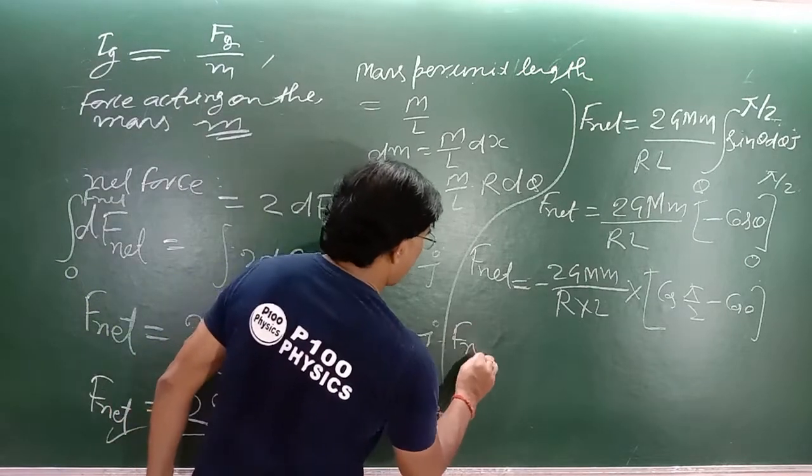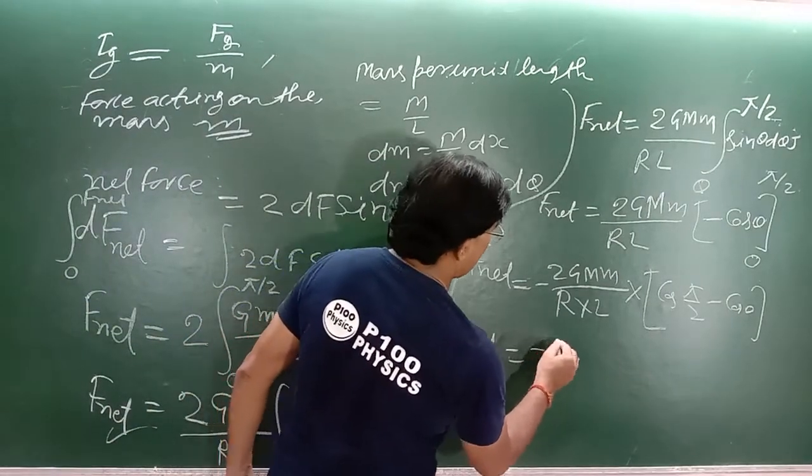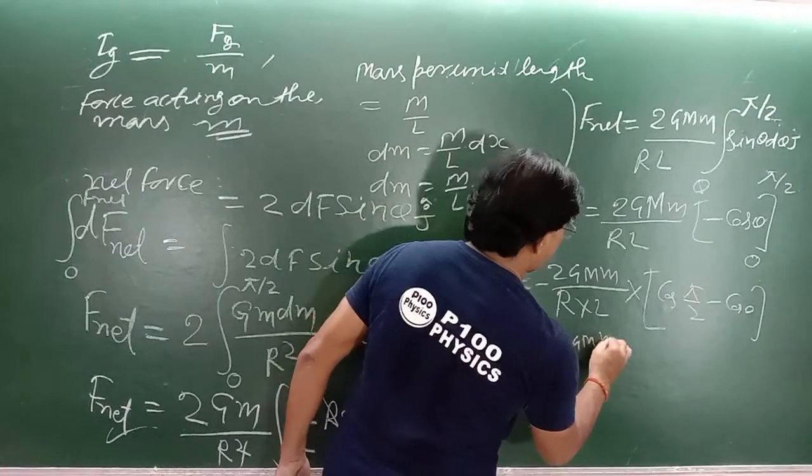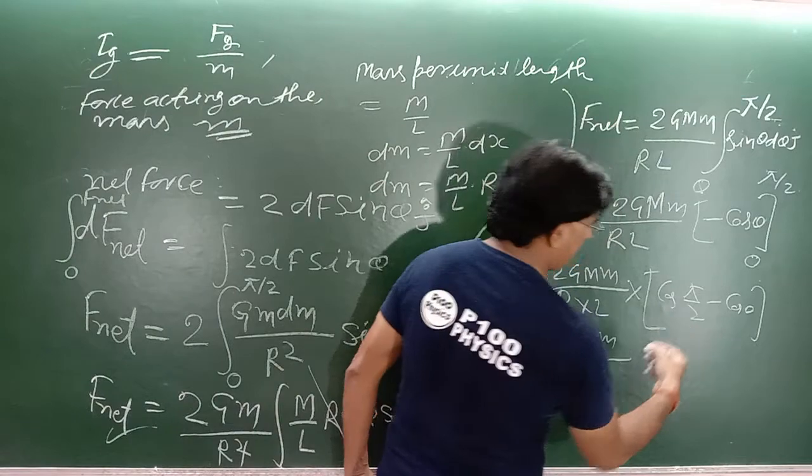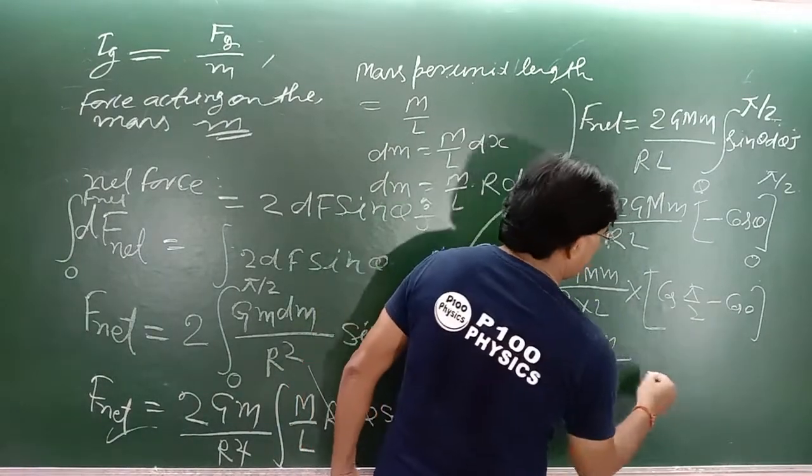Then F net will be minus 2GmM by RL, cos 90 minus cos 0. This is the minus 1.